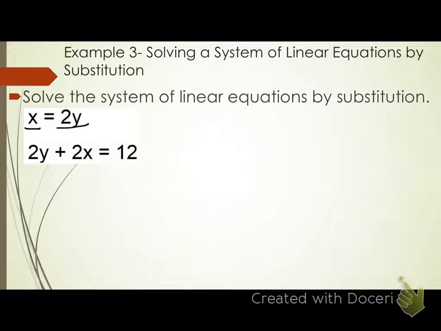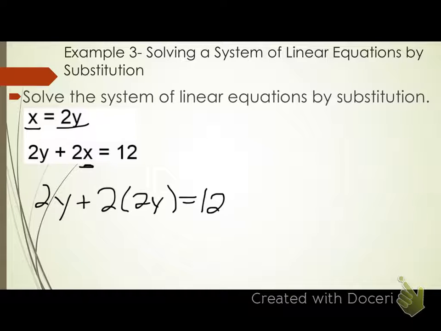So in the second equation, what am I replacing with 2y? I'm replacing my x with 2y. So 2y plus 2 times 2y equals 12. Once again, I just write that equation the exact same, except when I get to the x, I pull that x out, replace it with the expression that it equals.